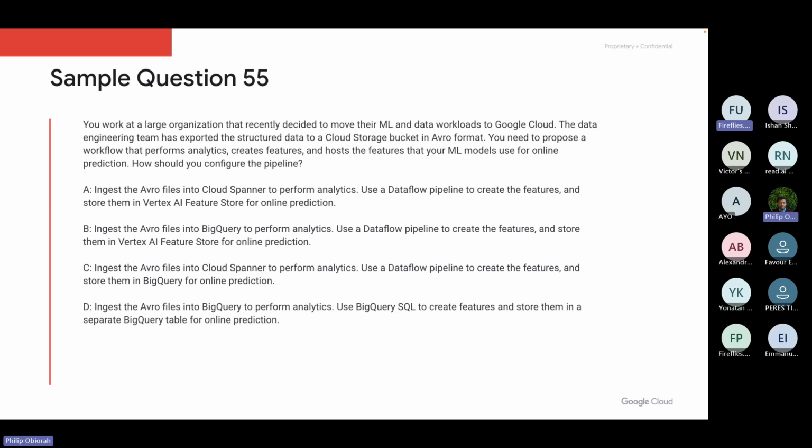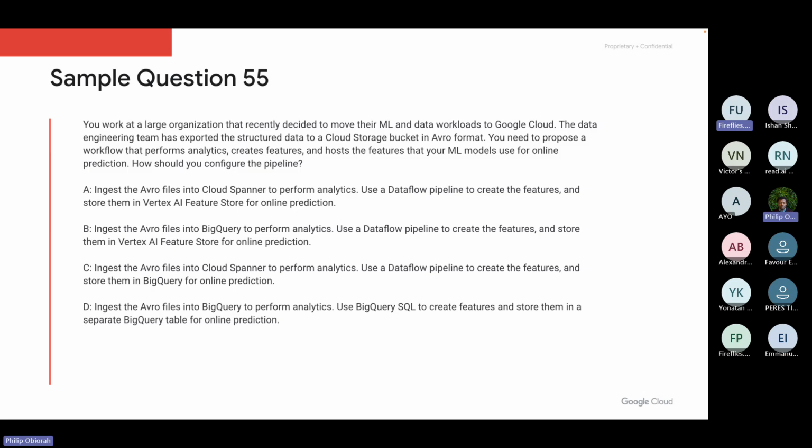Now, BigQuery is fast for scanning billions of rows, right? But it has high latency for retrieving a single row in real time, so it's generally not suitable for online prediction requests, where milliseconds count. Vertex AI Feature Store is designed to serve machine learning features at scale with low latency.